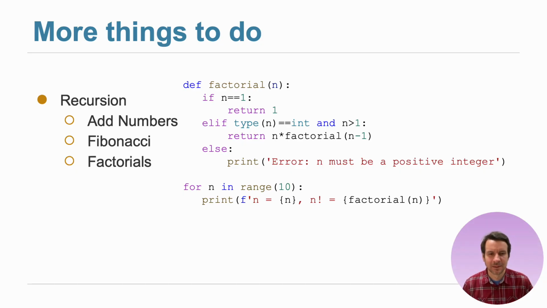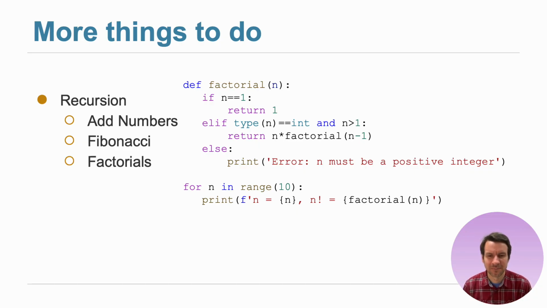Here is an interesting bonus thing, and that is recursion. Sometimes you can have a function that calls itself. Right? Here is one example for a function that calls itself, and it's factorial. How can you calculate the factorial of number n? Right? So factorial of n, if n is 1, then it is 1.